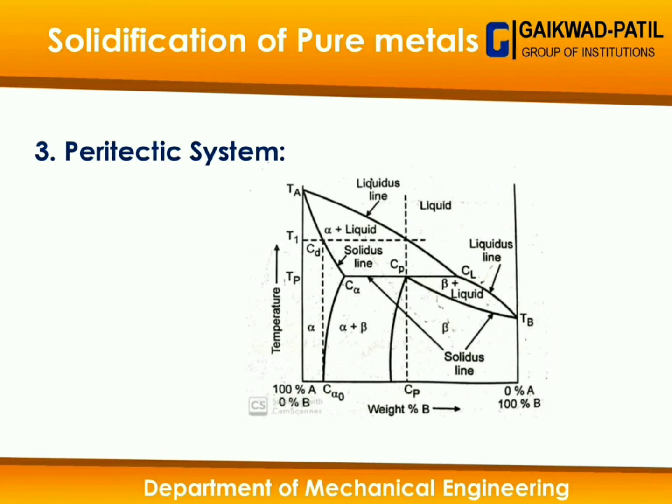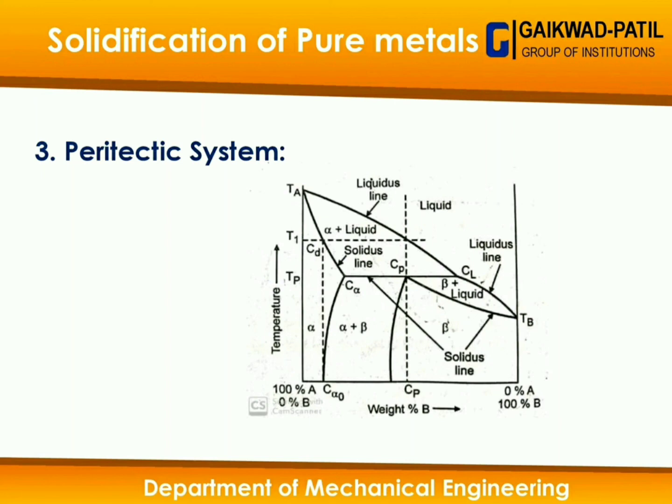When we melt metal A and metal B and want to mix both metals to form an alloy, we need to bring metal A's temperature towards metal B, or lower the temperature of metal A, and we need to increase metal B's temperature up to an equilibrium temperature like Cl.